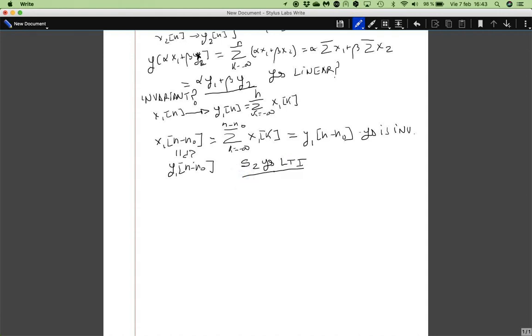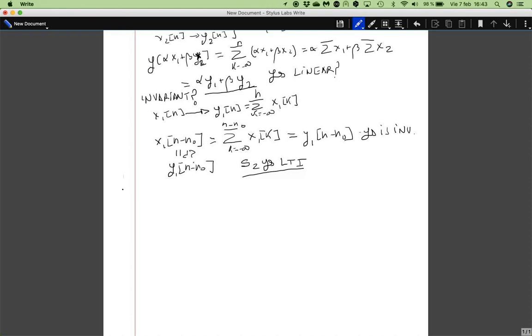Now they ask us to calculate if the system is causal and stable. And what we will do is solve this, but instead of the definition, using the properties of the impulse response of the system, h[n], because typically this is much simpler to do.